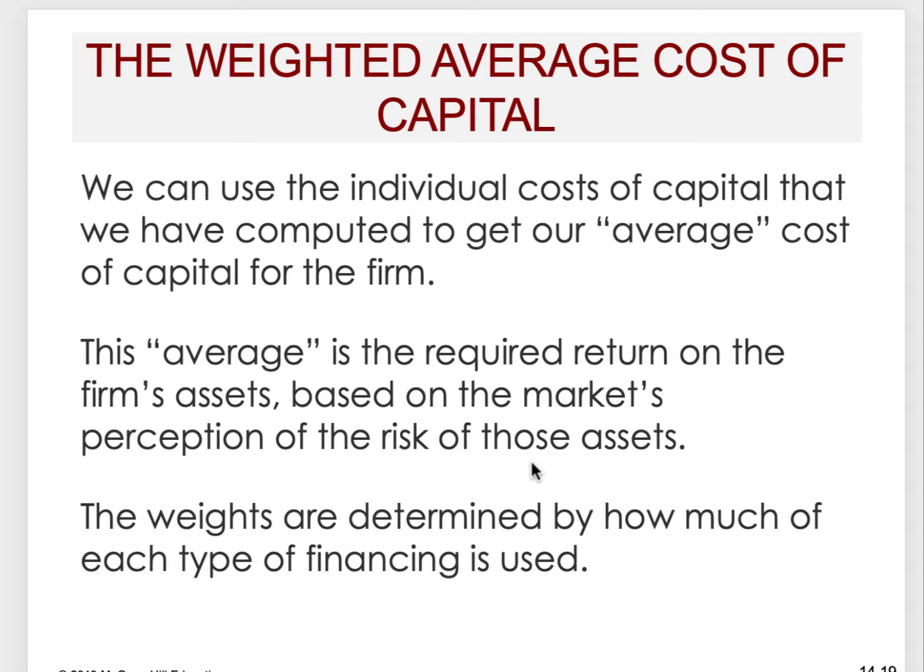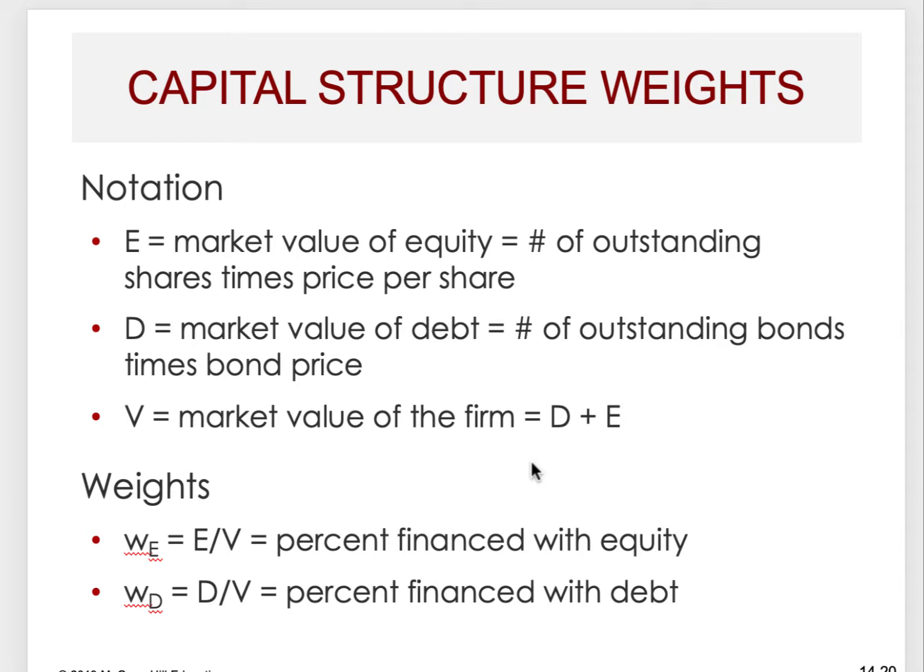The market's perception of the risk of those assets. Again, we're going to determine those weights by how much of each type of financing is used. So it's really not that hard to do.